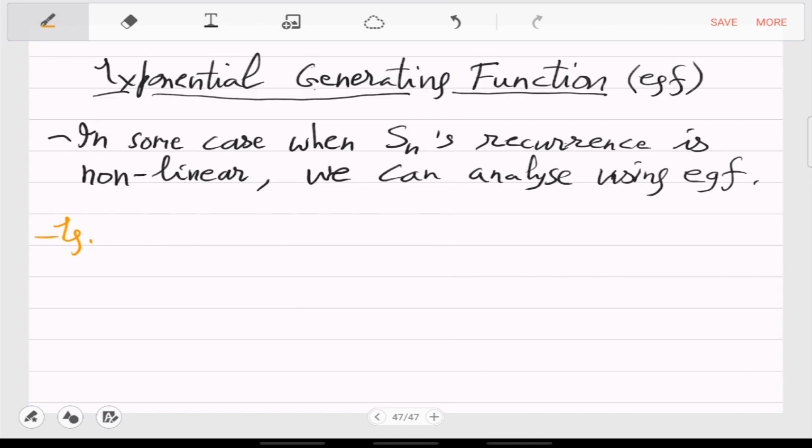Let's say you are given, so first of all, what is an involution?